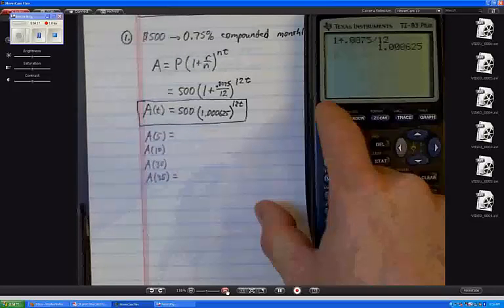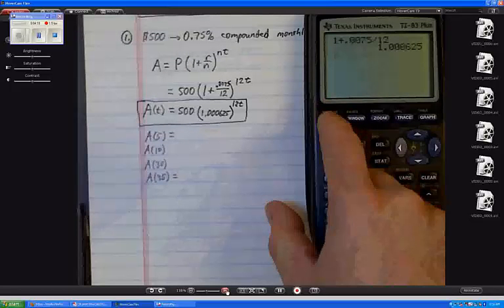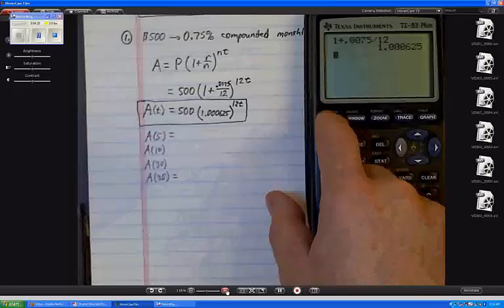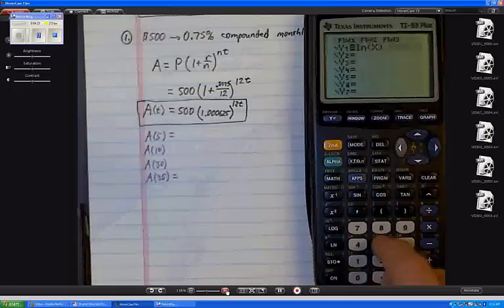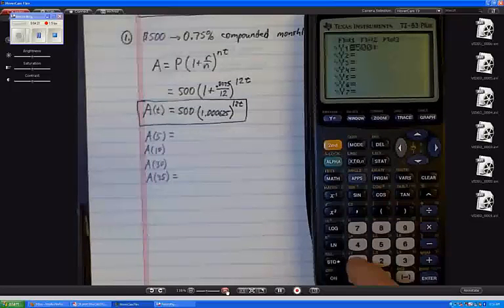Oh, by the way, probably the easiest way to do this, if you have a calculator, I go to the y equals screen, and I'll go ahead and type my function in here. 500 times 1.000625, and then what am I going to type next? To the what?